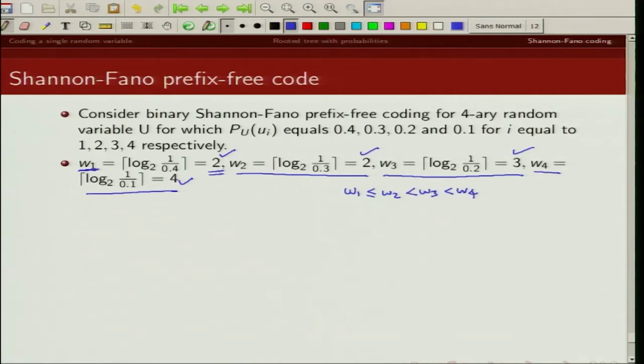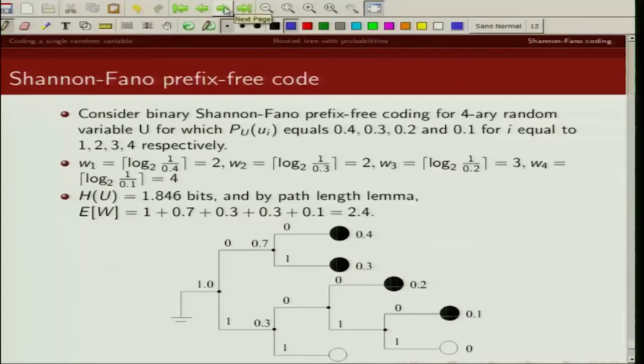Then we start with the first code word and prune the tree at depth from the root equal to W1. We do the same thing for W2, W3, W4, and that's how we are able to map each of these code words of length W1, W2, W3, W4 into a D-ary tree, and that's how we can get a prefix free code.